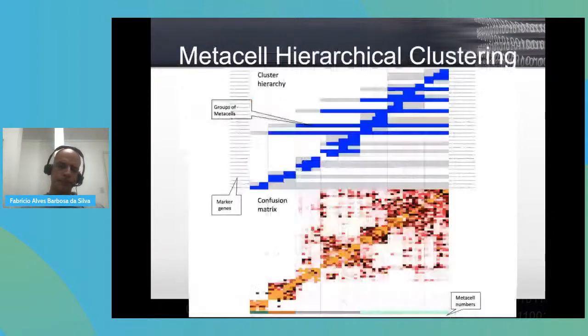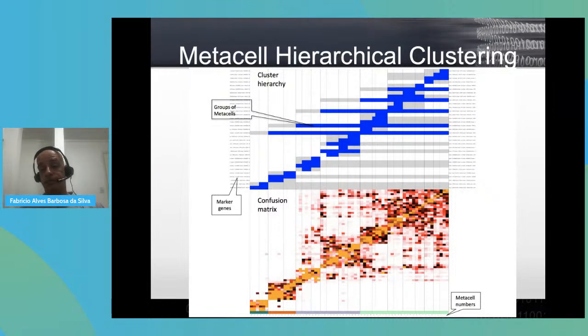metacells. So how will you do this hierarchical clustering? First, you have this confusion matrix that's actually a connection matrix at the bottom of this figure. And then you group metacells into clusters.